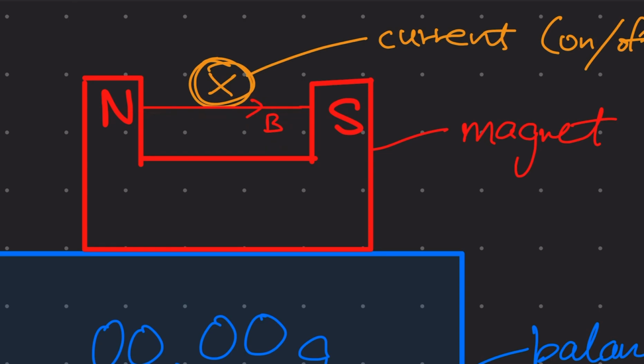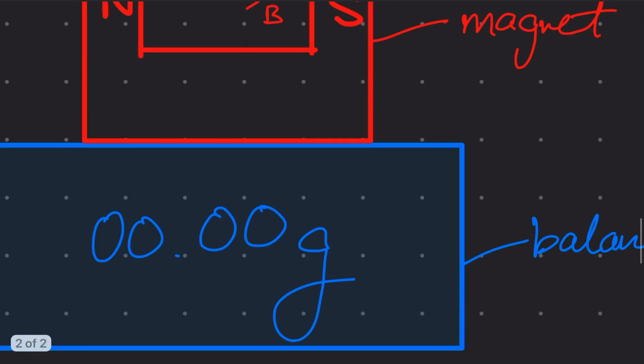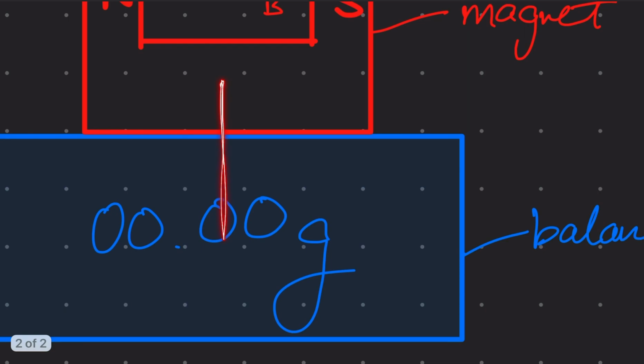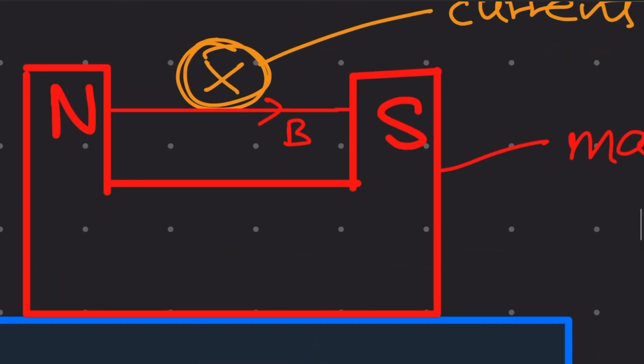So your index finger should be pointing in this direction. Now, if you're doing this correctly, you have a force acting downwards. So from the magnet onto the balance. Or wait, no, should I just say from the wire onto the magnet?